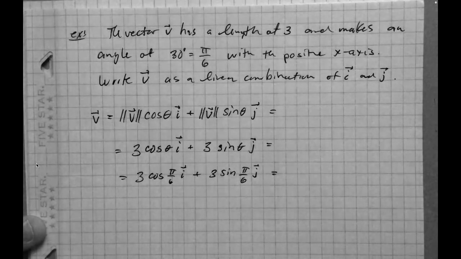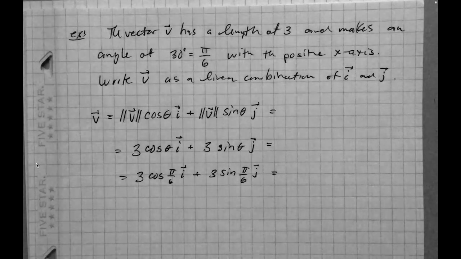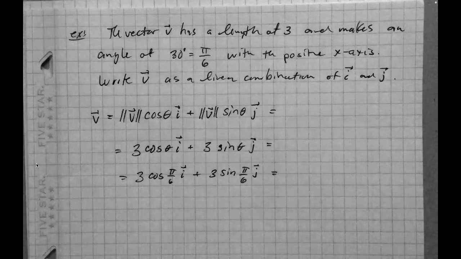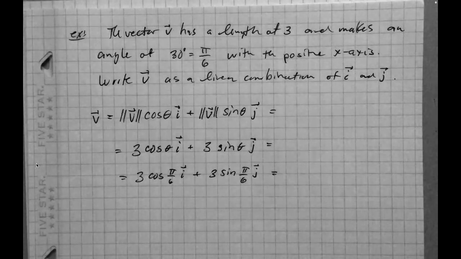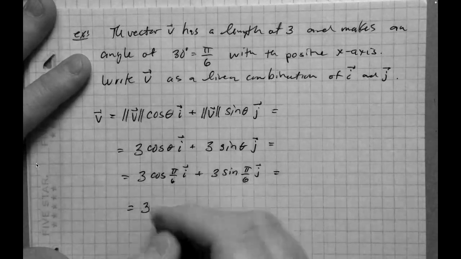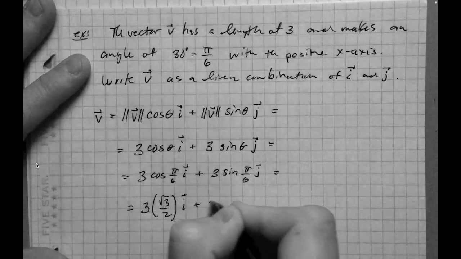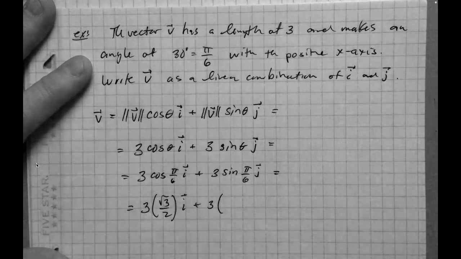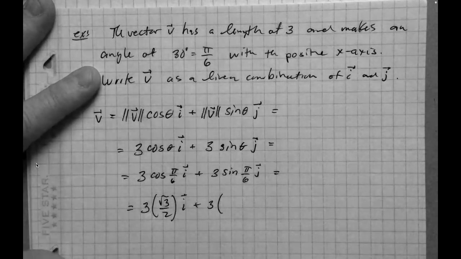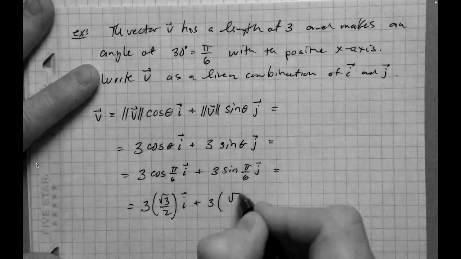And what is cosine of pi over 6? You could consult your unit circle from trigonometry, pull out a smart calculator, or possibly memorize this one. Cosine of pi over 6 is the square root of 3 over 2, and the sine of pi over 6 is 1 over 2.